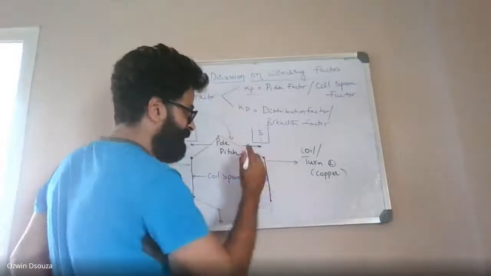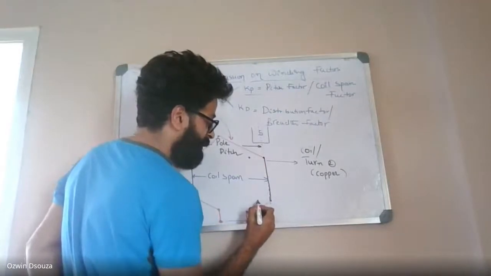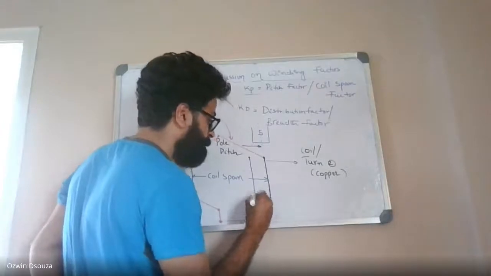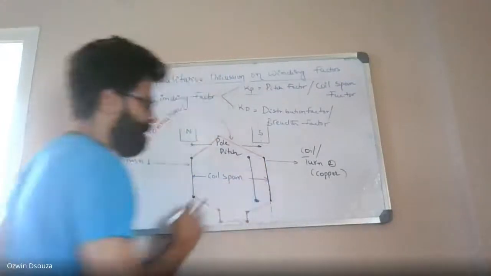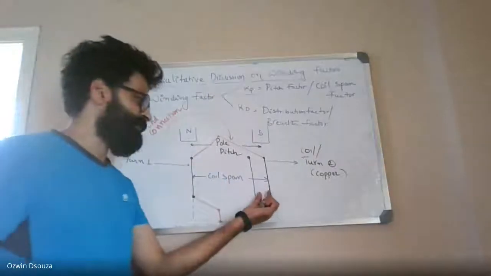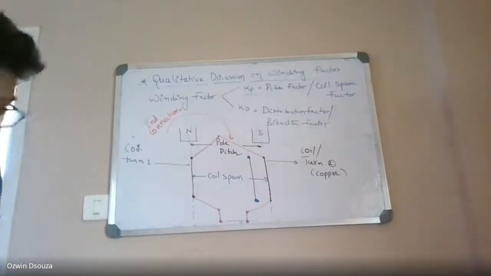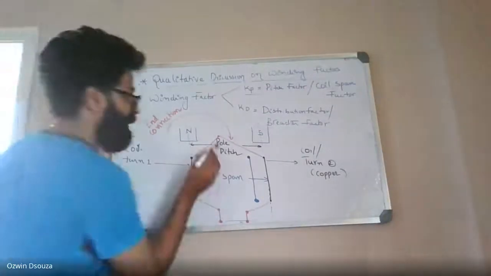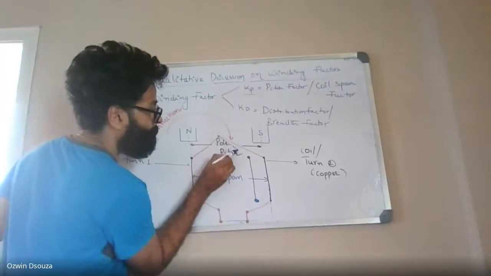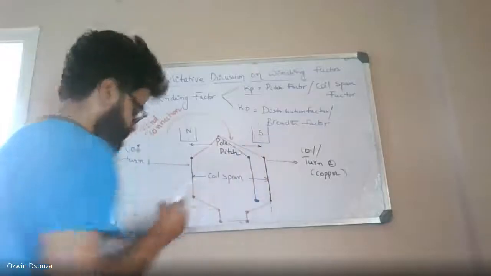So instead of placing it here, in a short pitched winding that particular coil is intentionally placed with some offset value. By doing so, you can achieve a smaller end connection. So this is also an end connection.